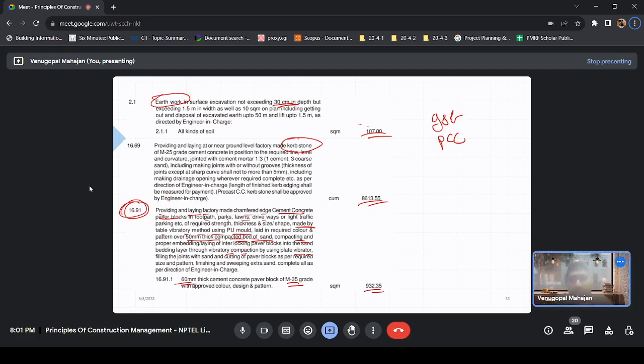Okay, let me give you an example. I ask you that okay, I have my flat on the ground floor. Can you make a boundary wall and door here? So you say, okay, kindly give me the DPR or item rate or whatever you want to include.